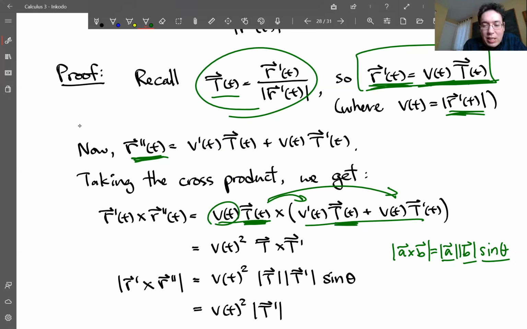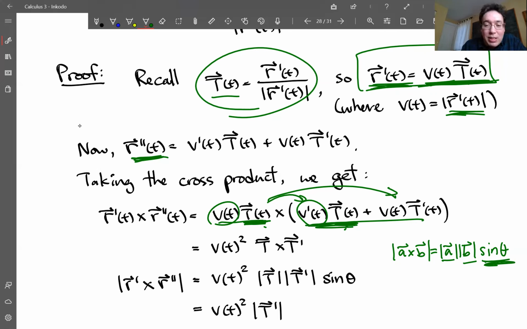It has a different scalar function in front of it, but forget that part. Just the direction. These two are the same vectors, so the angle between them is 0, but sine of 0 is 0. So the first part of this cross product just happens to be 0, so we can just drop it from our formula.